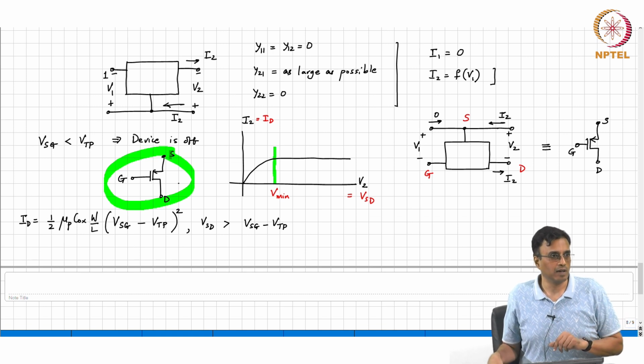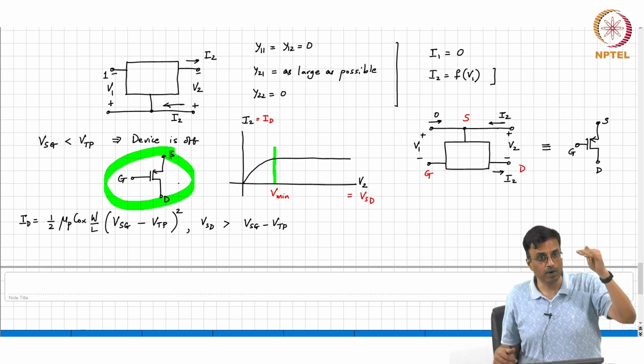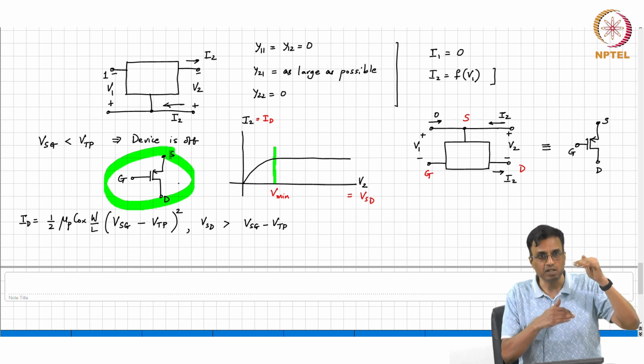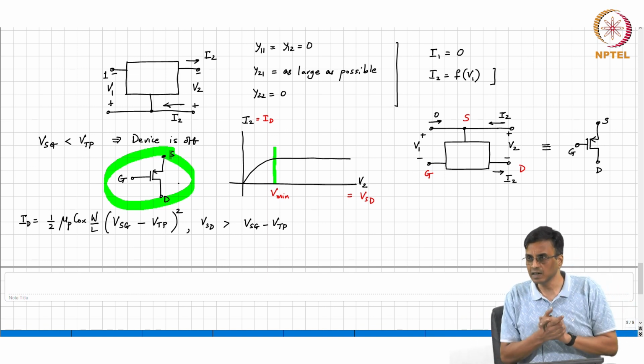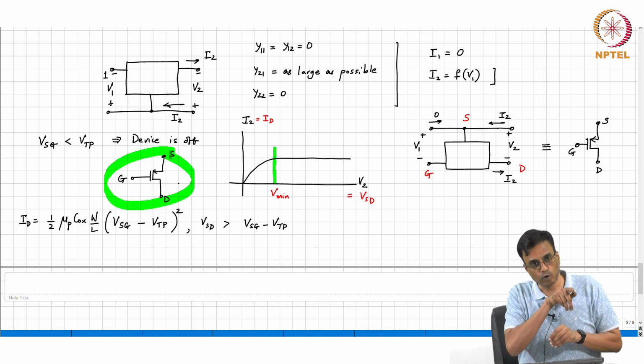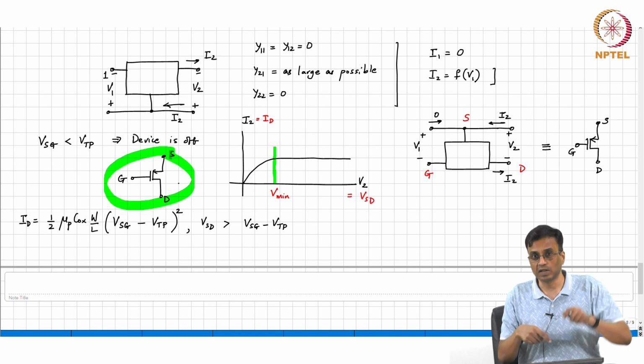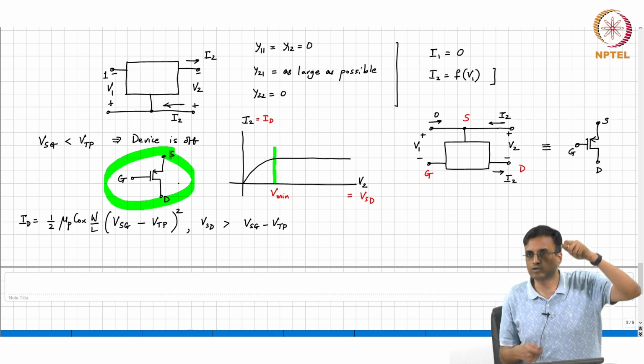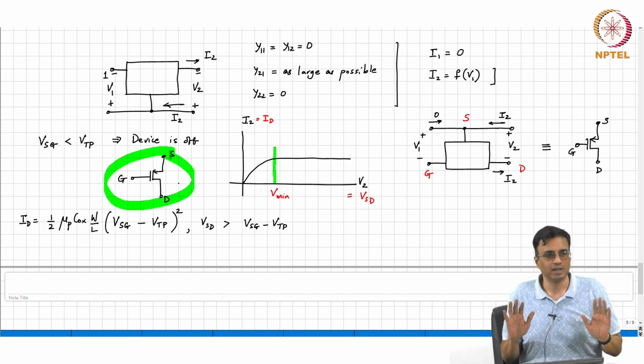So you conclude that the source potential must be much higher than the drain potential if you want to maintain the transistor in saturation. If you look at an NMOS transistor, the current flows out of the source. So the drain potential must be much larger than the source potential to maintain saturation.